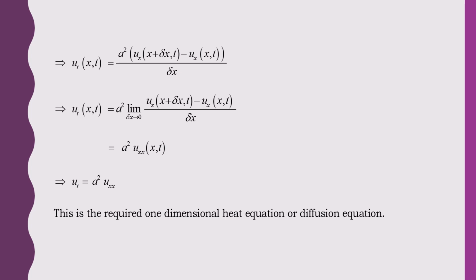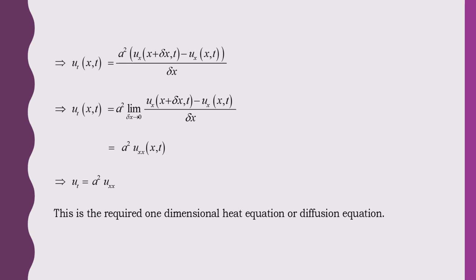This limit is nothing but the partial derivative of u sub x with respect to x. So we obtain u sub t of x comma t equals a square dou by dou x of u sub x. That implies u sub t of x comma t equals a square dou square u by dou x square.